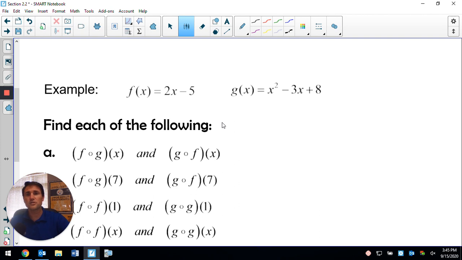Plugging one function's result into the other function, or maybe even into itself. If you have a number in particular, you can plug that number into the first function, and whatever that result is would go into the second one. So here we would first calculate f of 7, and then we would plug our result into g and find whatever that is. Okay? If you have any questions, give me an email.